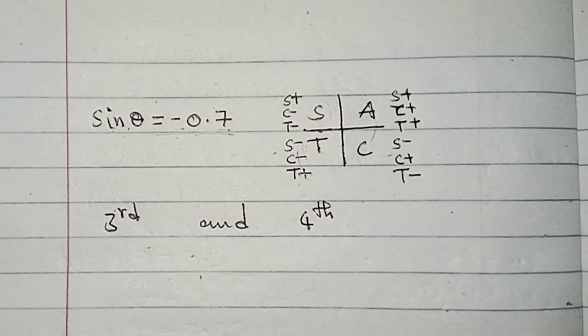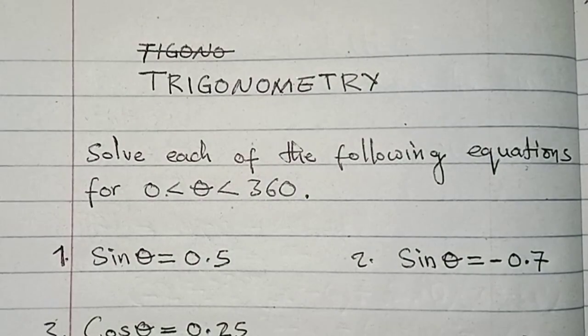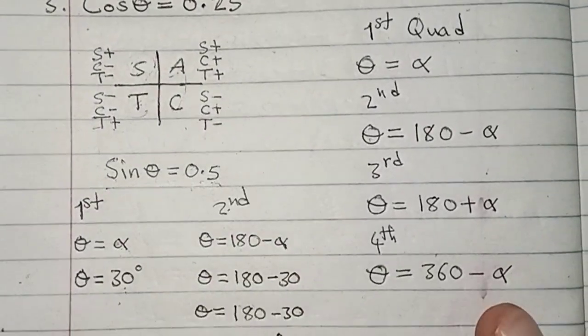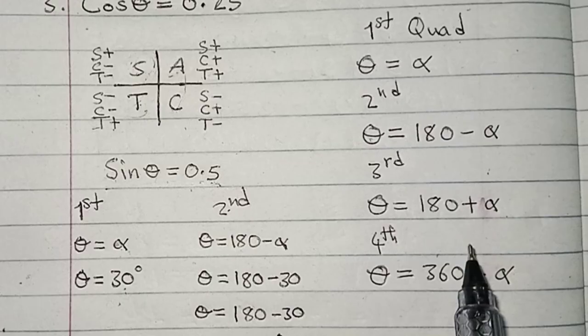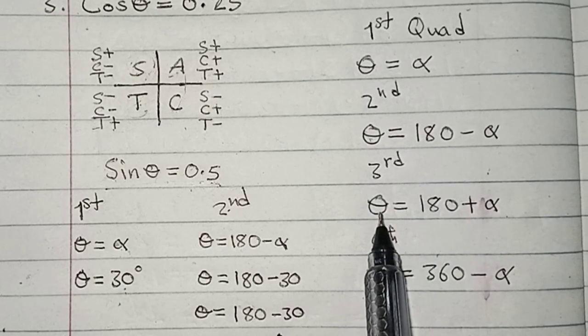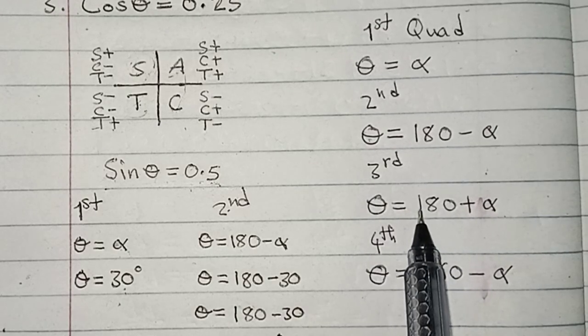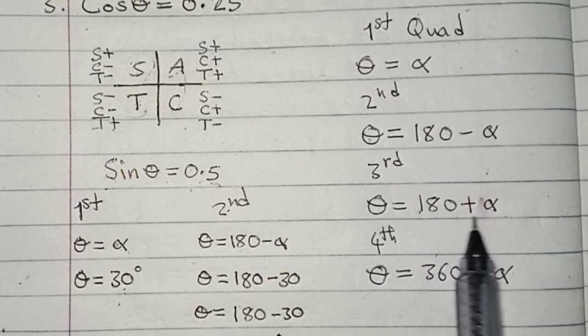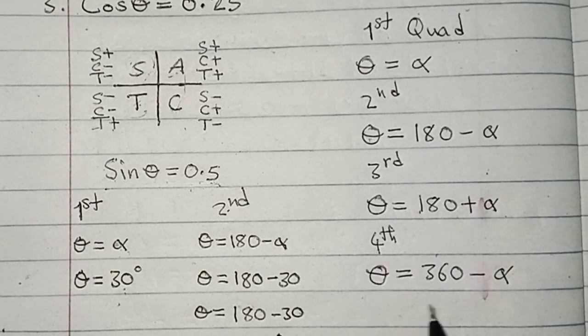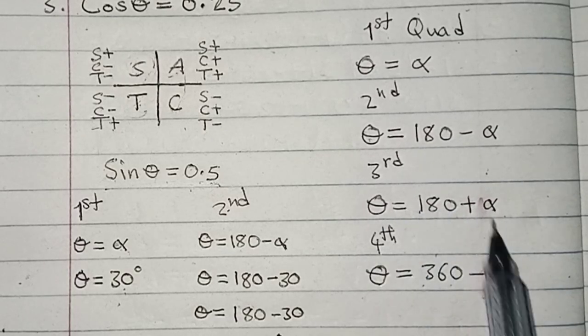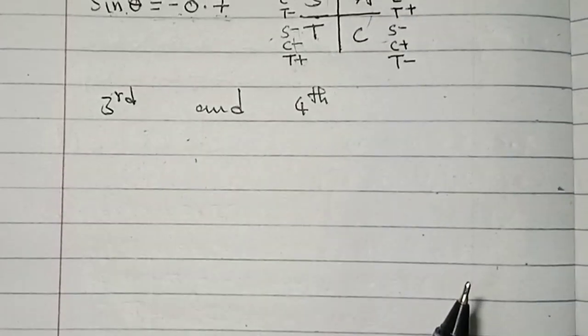If you remember from where we started, the solution for the third quadrant is given by 180 plus alpha, and for the fourth quadrant, theta is equal to 360 minus alpha. These are the ones that we're going to use.